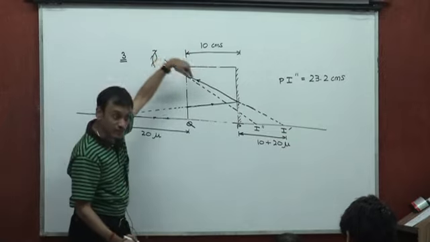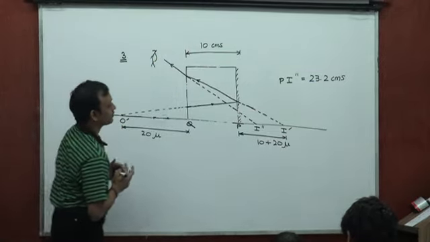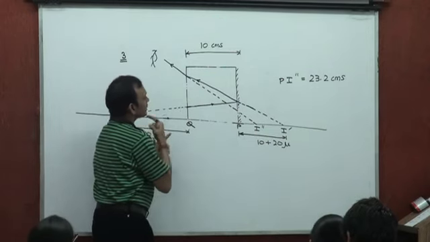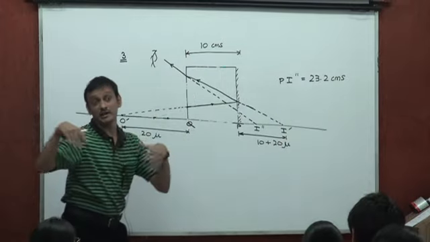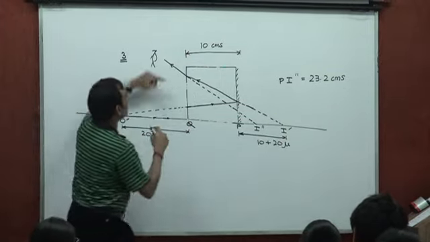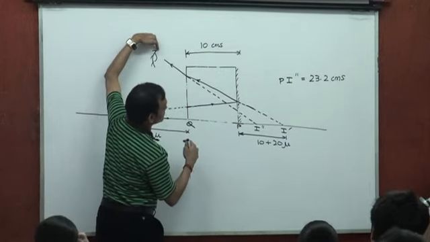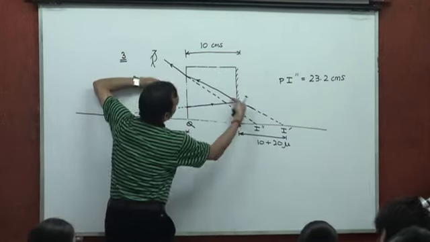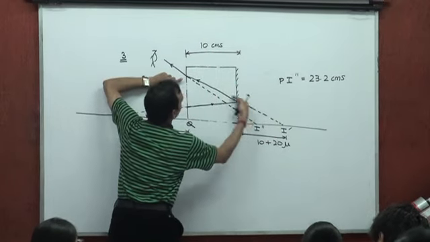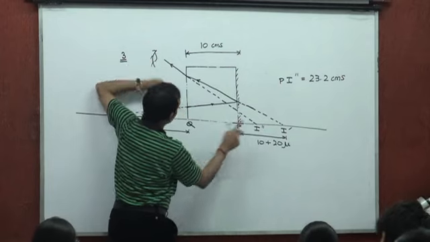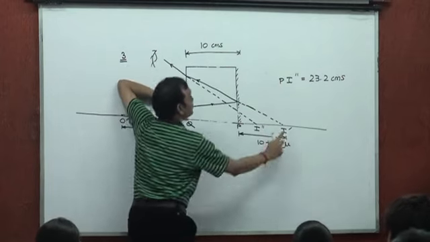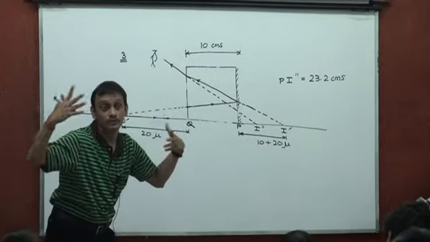Would you not believe that QI double prime and QI prime would be separated by a factor mu? This is the ray which actually comes from I prime, but after refraction it seems to be coming from I double prime. That means QI double prime and QI prime will be separated by a factor mu.